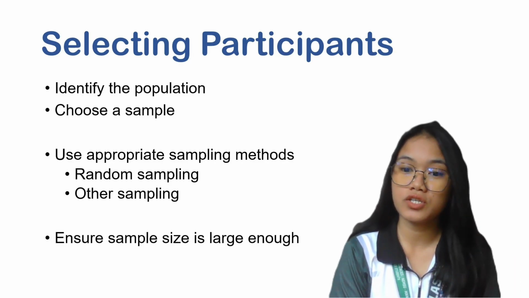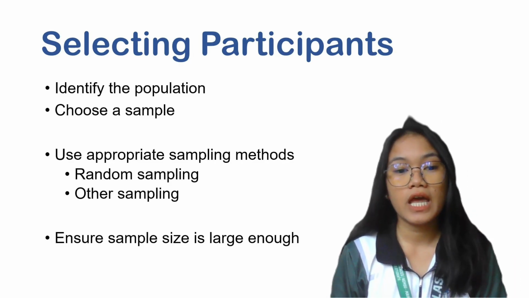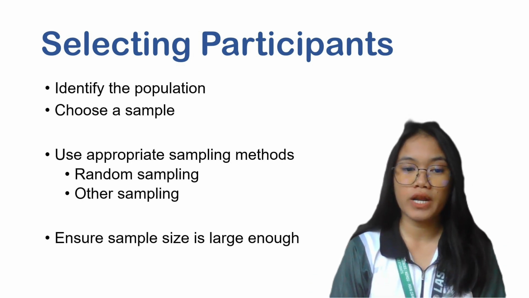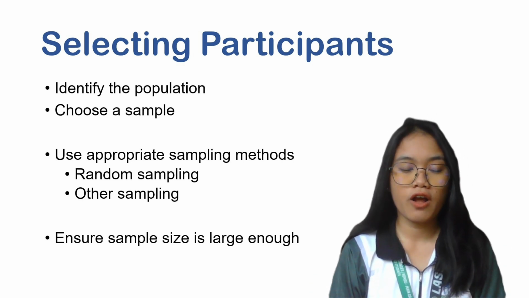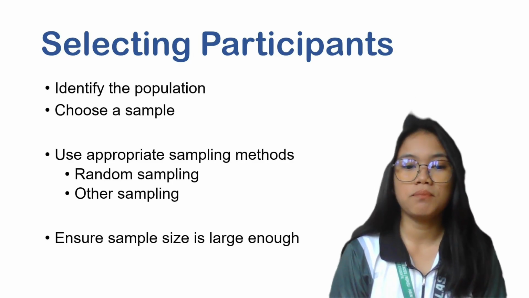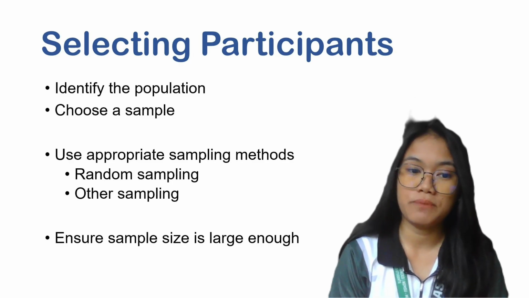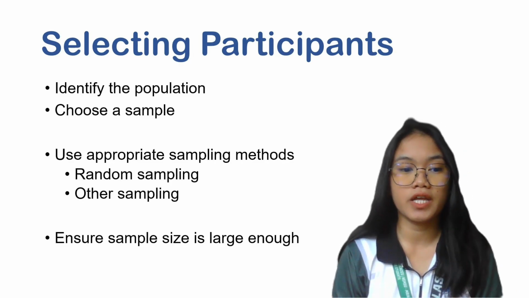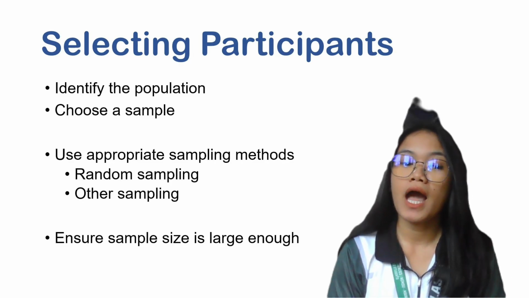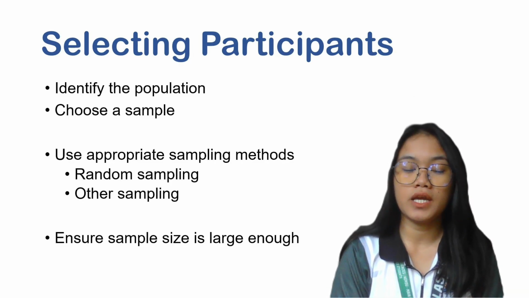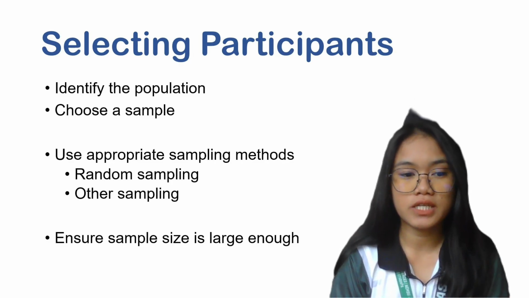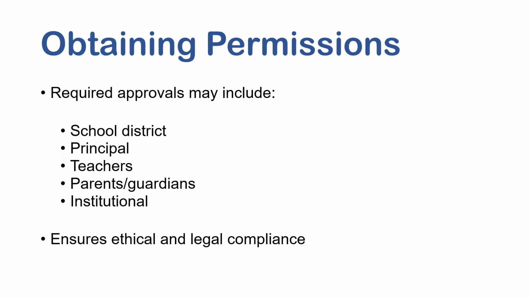So, researchers choose the sample carefully, and they may use random sampling, where everyone has an equal chance, or other sampling methods depending on the purpose of the study. Deciding how many participants are needed is also important. A sample should be big enough so that the results represent the population well.